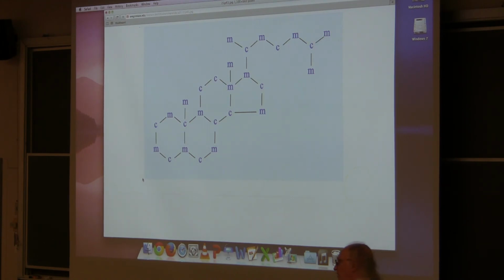Acetyl-CoA is a 2-carbon molecule and it goes together to make this monstrosity up here. The M on here comes from the methyl group of the acetyl-CoA, and the C comes from the carbonyl of the acetyl-CoA. It's pretty remarkable. We're going to see how that happens, and it may seem complicated, but you're going to see there's some great simplicity to it.